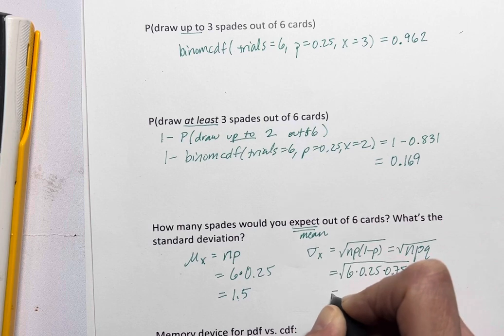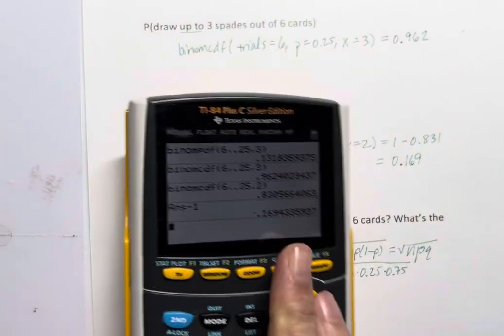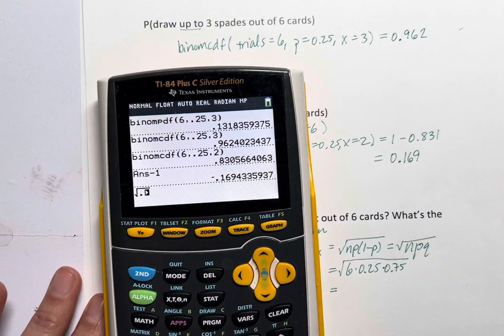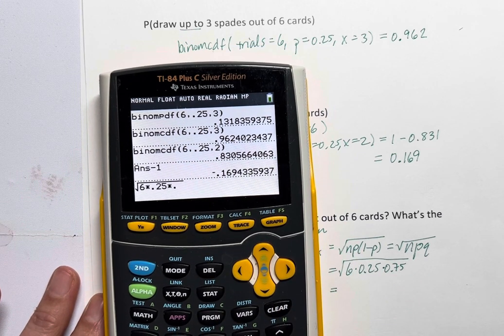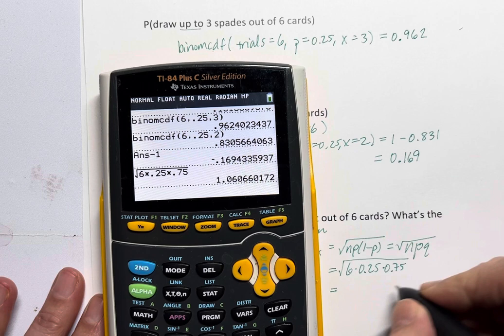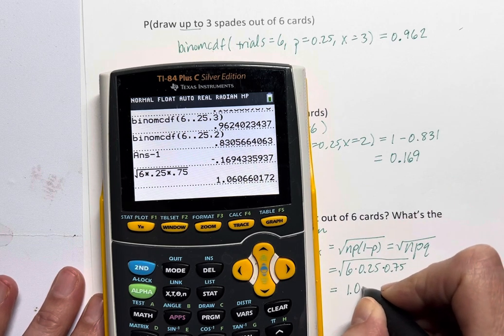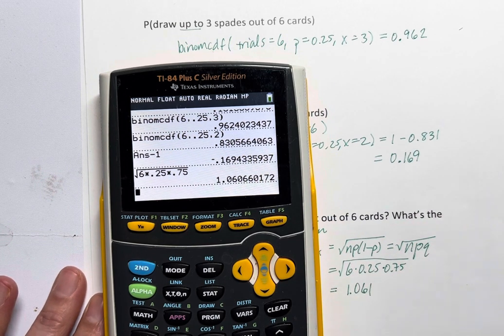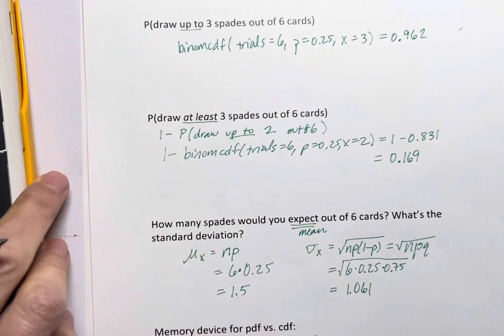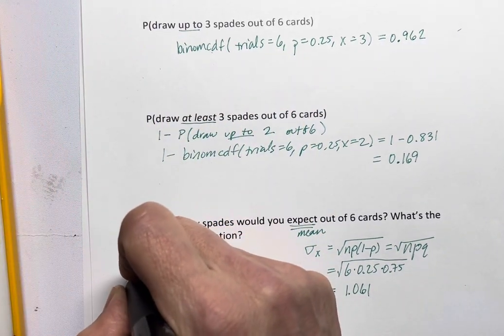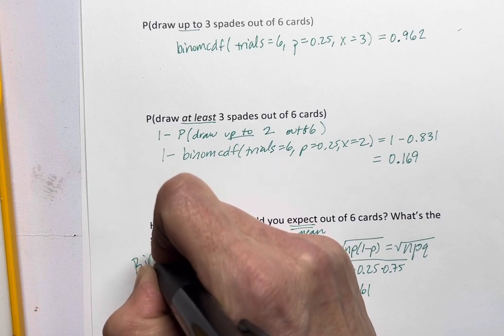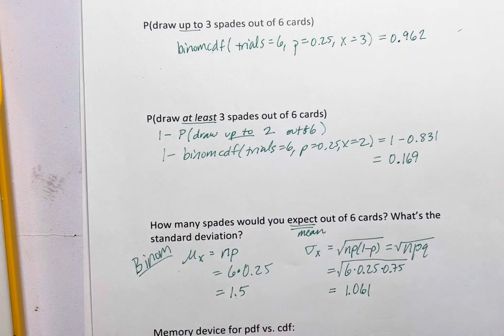And if you chuck that in your calculator, 6 times 0.25 times 0.75, you get 1.06. So there's our standard deviation, 1.061. So there's this again for binomial, our mean, our standard deviation.